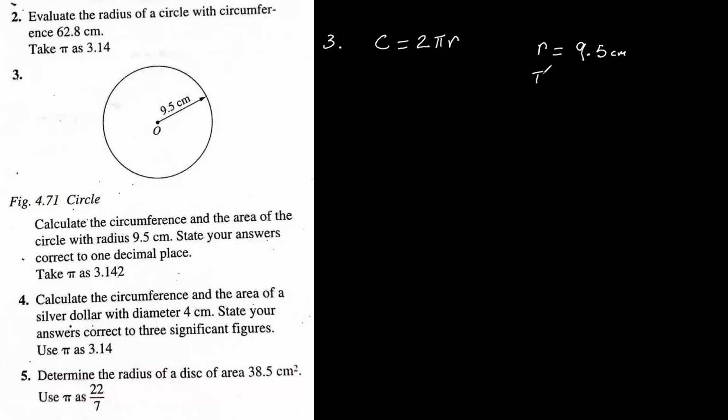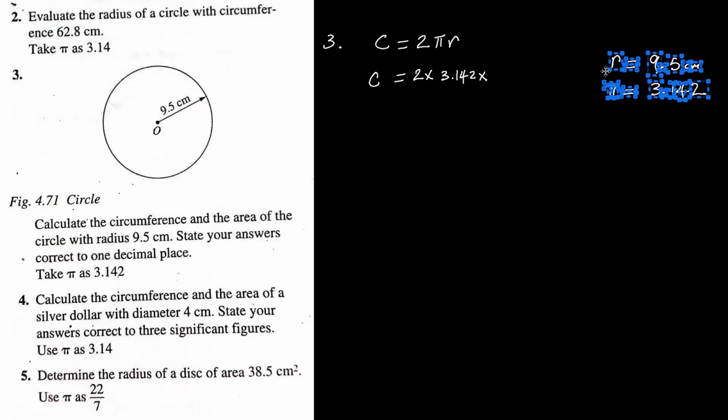They gave us what pi is. Pi is equal to 3.142. So they want us to find C. That's 2 times pi, which is 3.142, times r.